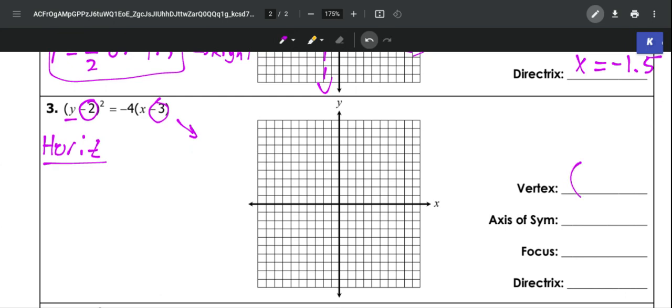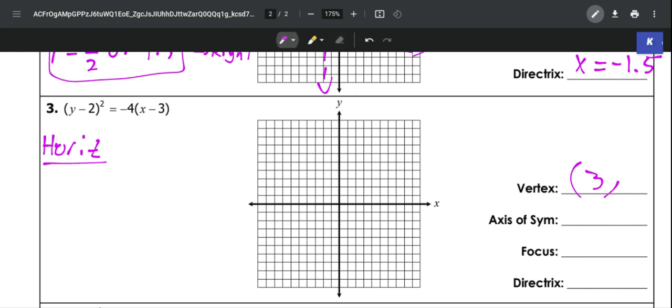So when we pull it out for our vertex, it's going to be a +3, and that is our x-coordinate for our vertex. Make sure that you watch how they're presented to you, because a lot of people would just read this left to right and say, okay, my vertex is 2, 3, we're done. But that's not true. You just got to watch it because they'll change the order on you.